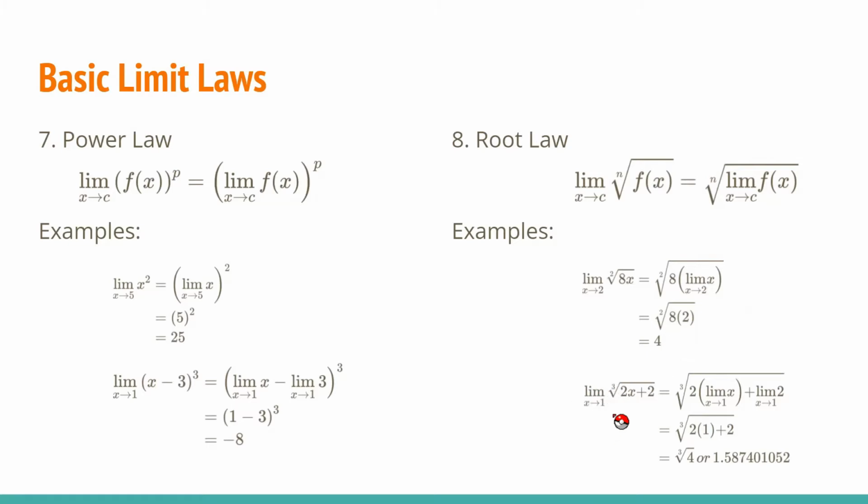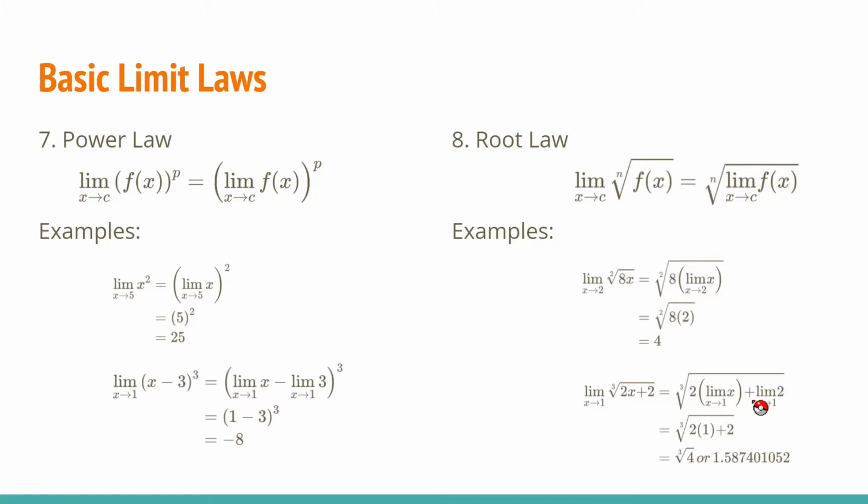Next, the limit of the cube root of 2x plus 2 as x approaches 1. Again, we will have to include the roots or find the root of the limit at the end. We have to first find the limits of whatever's inside the radical sign.